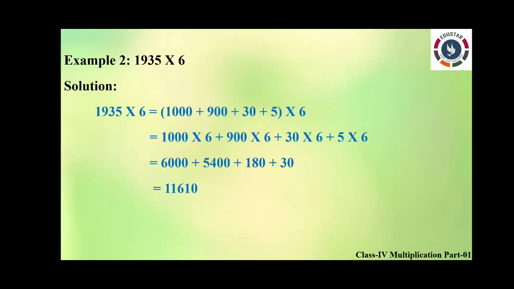So, 6000 plus 5400 plus 180 plus 30 is equal to 11,610. So, the answer is 1935 into 6 is equal to 11,610. I hope you all understood up to this.